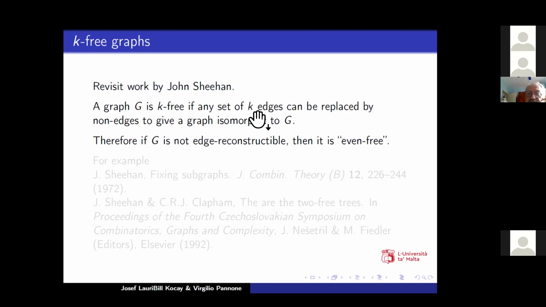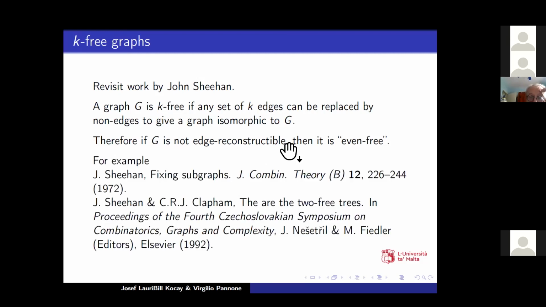Graph G is K-free if a set of K edges can be replaced by non-edges to give a graph isomorphic to G. He was inspired, of course, by Nash-Williams' lemma. In fact, he defines even free to be a graph which is K-free for every even K. And by Nash-Williams' lemma, if G is not edge reconstructible, it is even free. It's a short way of stating the first condition of Nash-Williams' lemma.